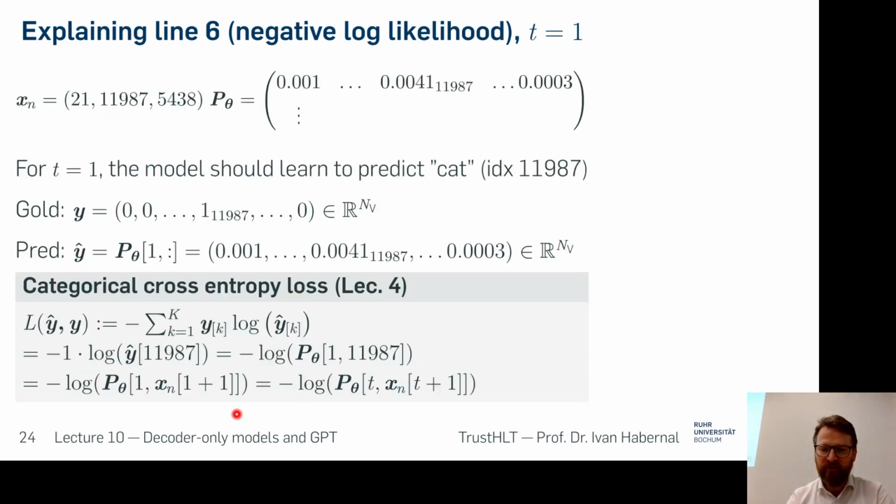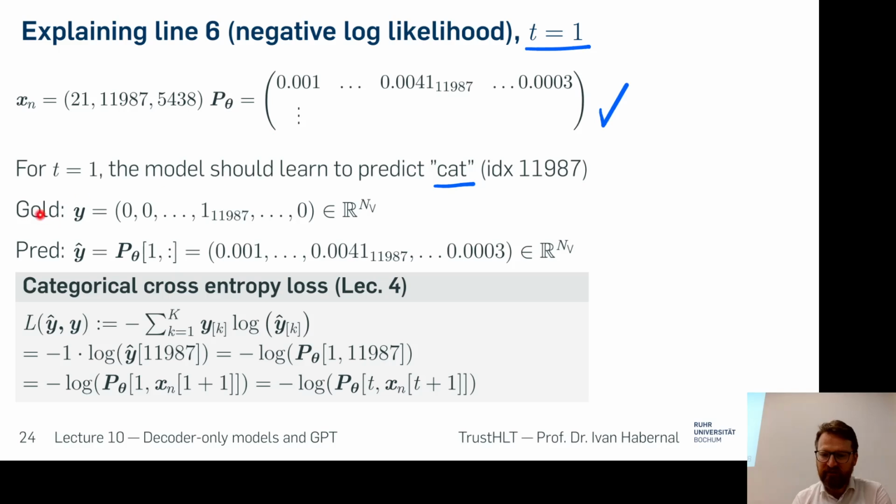Good. Now, this is what we had from the previous slide. For position 1, the model should learn to predict cat, which is the next word. We're always predicting the next word. At position 1, we are at token "the", the next word was cat, and we should be able to predict cat from the previous context.